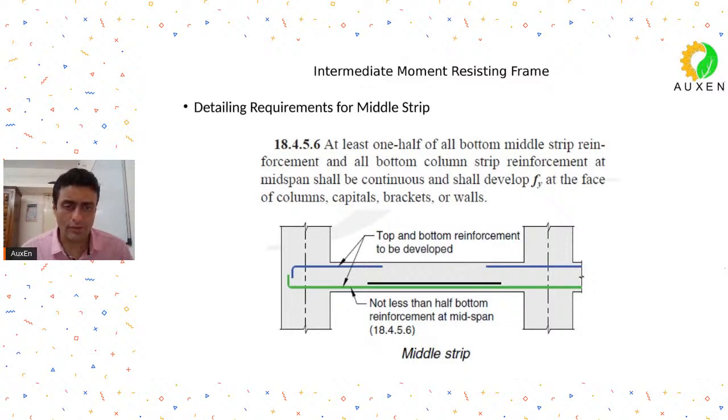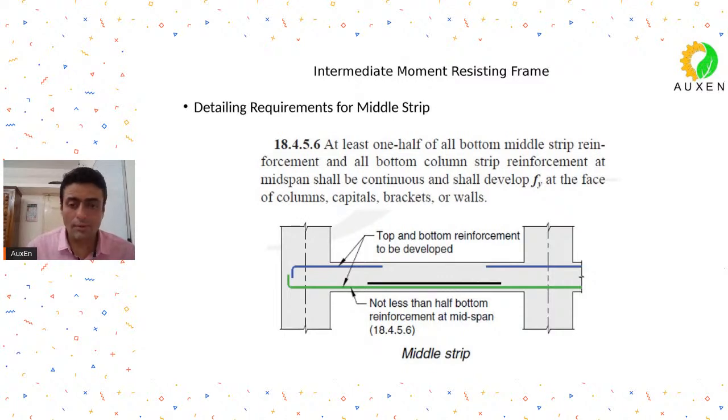At least one half of the bottom middle strip reinforcement shall continue till the column face. Okay, and wherever you are going to discontinue the reinforcement, it has to be developed. Simple detailing criteria. So this is for the middle strip and for the column strip.